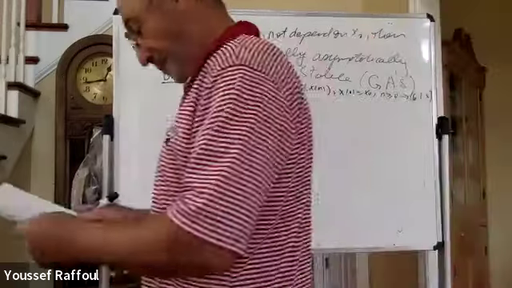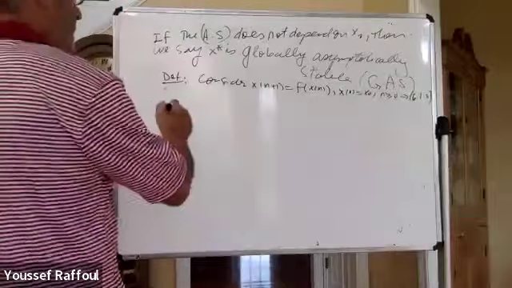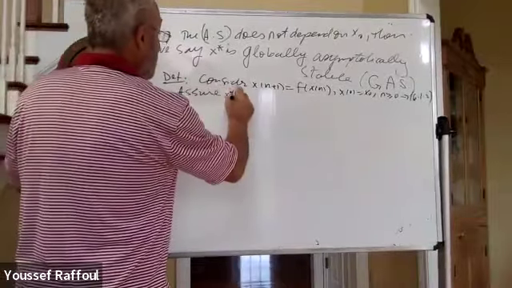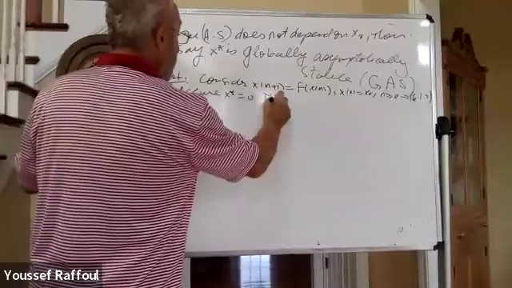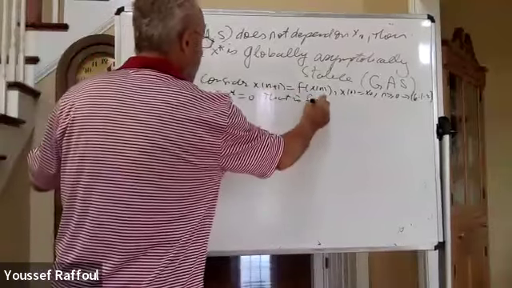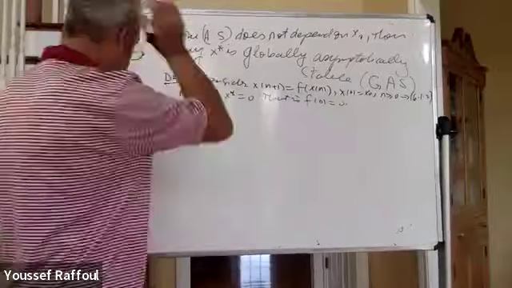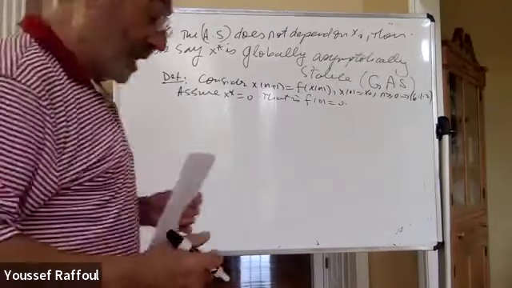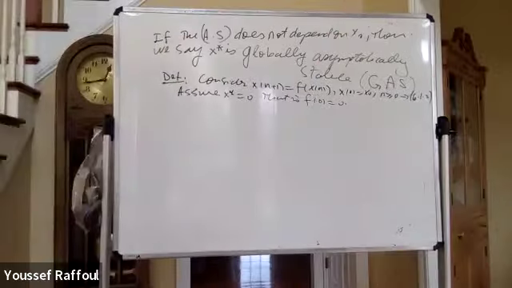And we're going to assume x star equals 0, that is f of 0 equals 0. So x star equals 0 is an equilibrium solution.